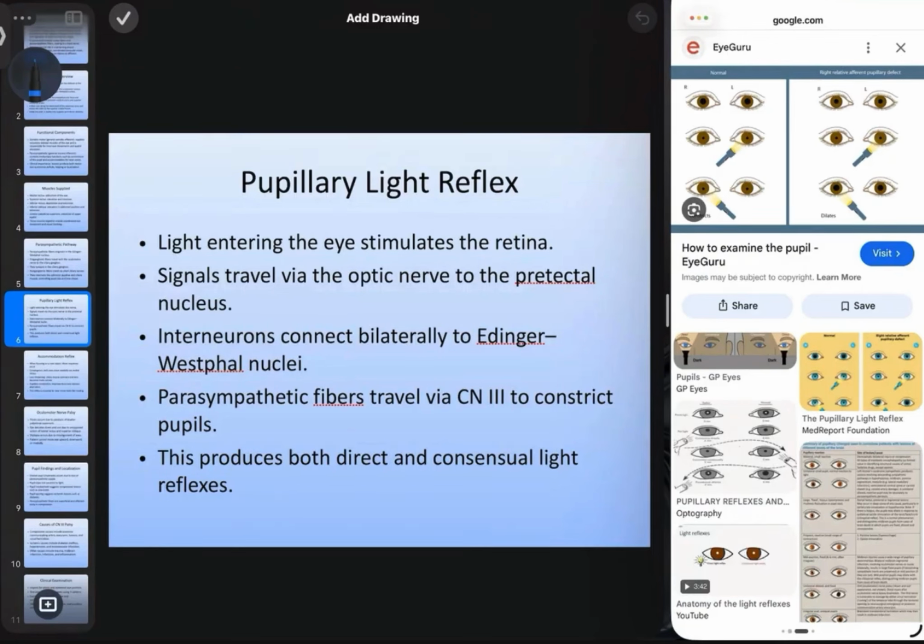Usually the pupillary light reflex begins when the light enters the eye and stimulates the retina. The signal is transmitted via the optic nerve. You guys already know what the optic nerve is.